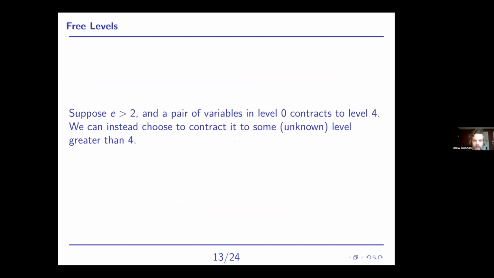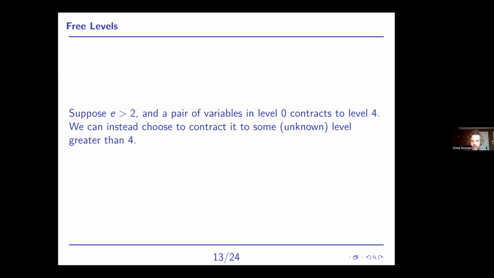For example, let's suppose that our degree of ramification is greater than 2, and we have a pair of variables in level 0 that contracts to level 4. Well, the k in that case would be 2, which is less than e, and so we can instead arrange this contraction to go to some unknown level that's greater than 4.